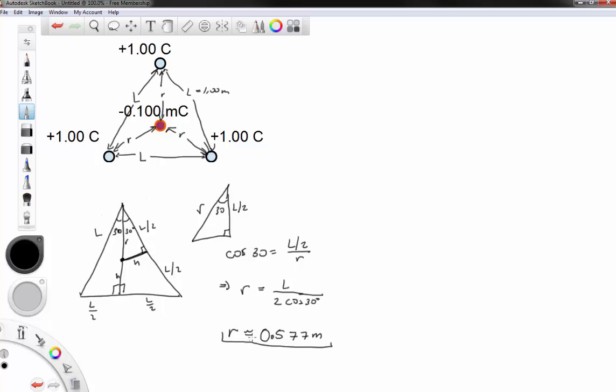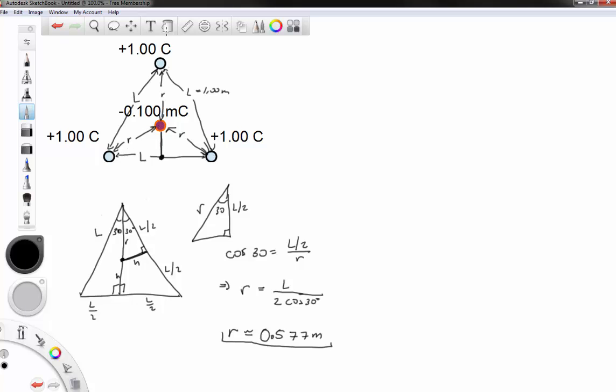Now, before we get the second piece of information, it might be worth double checking this value to make sure that, at least at a glance, it makes sense. One way of doing that is noting that if I were to drag this charge down here to the middle of this line between them, that this distance right here has to be less than r, and it's probably not going to be dramatically less than r.